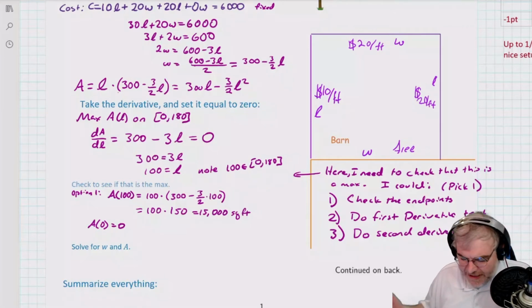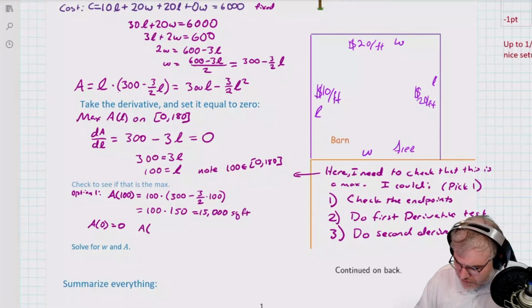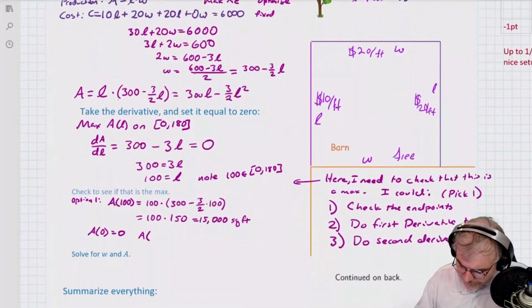It would have given you the exact same answer. A of 0 equals 0, and A of 180 would equal 180 times 300 minus 3 halves times 180.